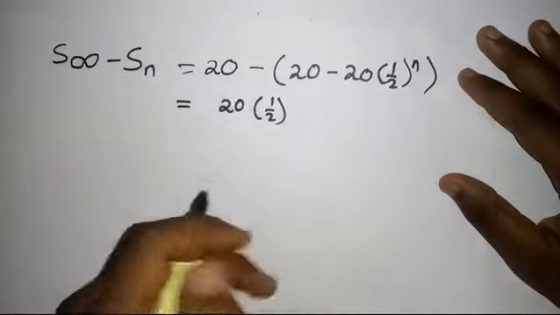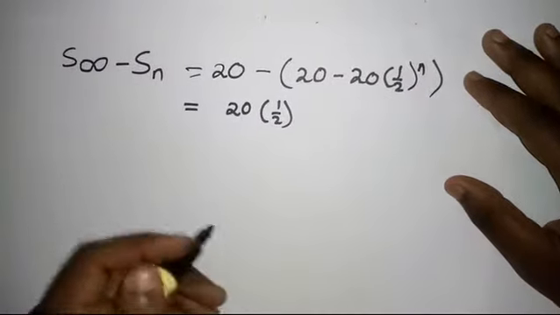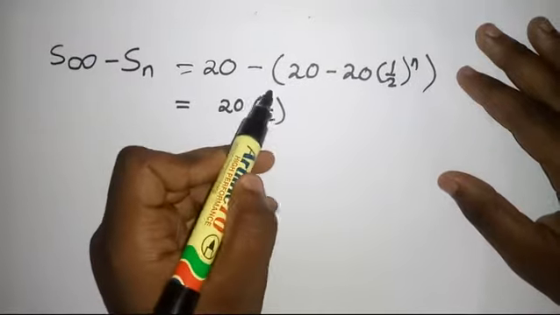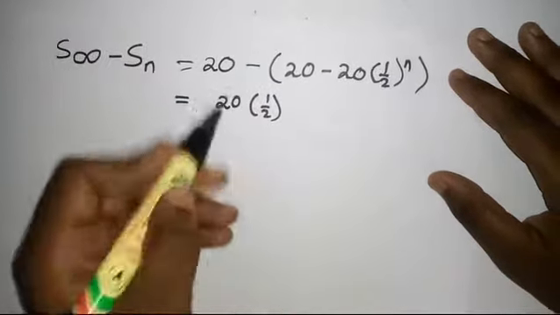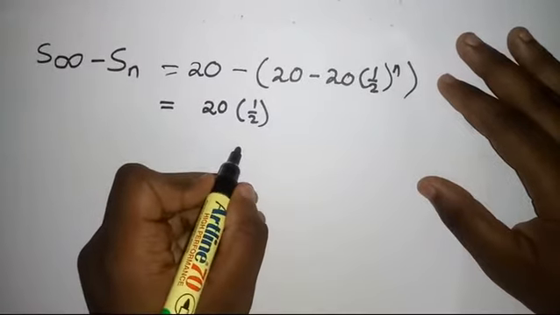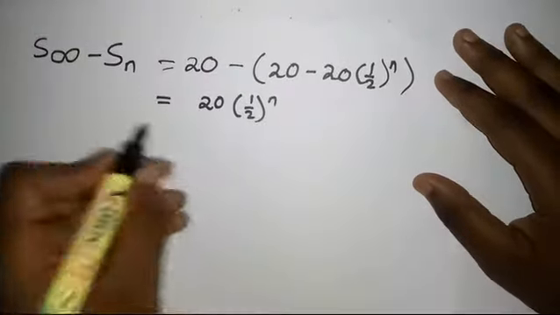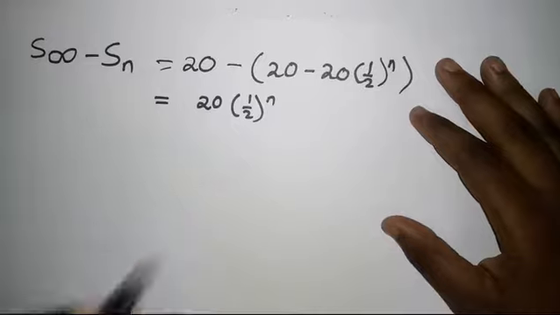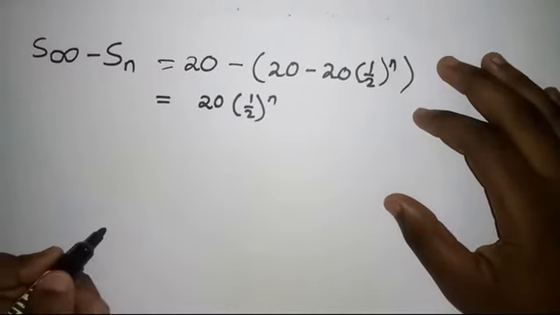So 20 minus 20 is 0. Then a negative and a negative is positive. So you have a positive 20 multiplied by a half to the power of n as our answer. So this is our answer for this question.